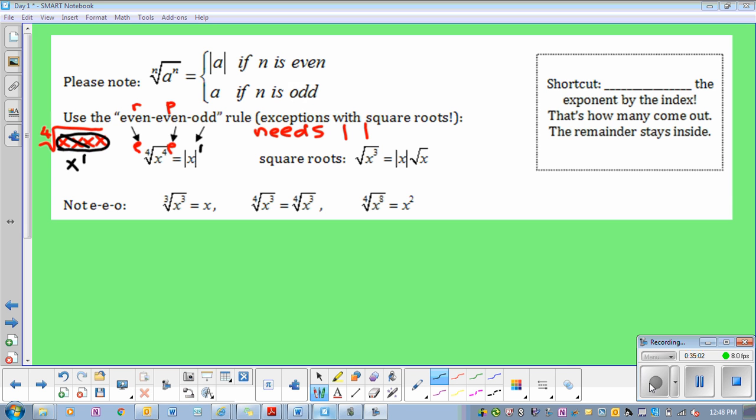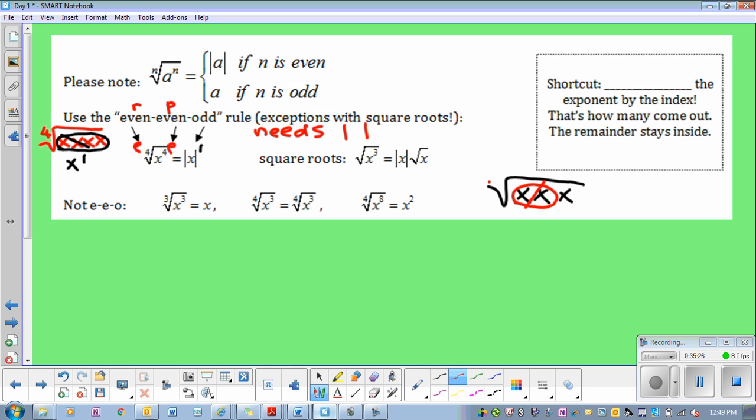So if you look at this square root of x cubed, for some of you guys, you might think this is pretty interesting. You have 3 x's inside of a square root, right? So you need 2 in order to come out. Well, you have even, and then you have this even that comes out.